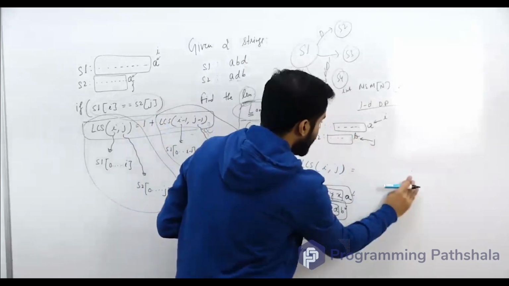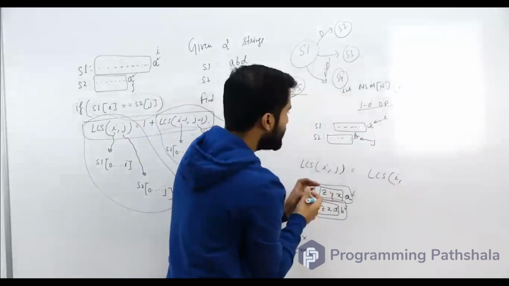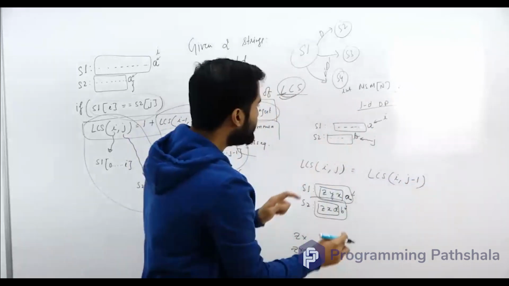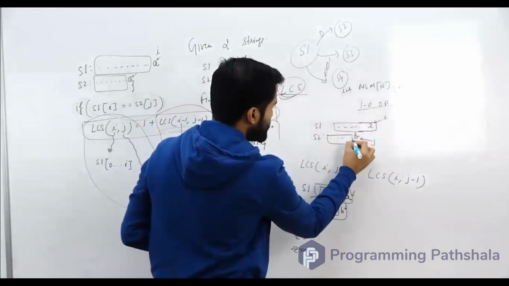So what I'll do is, when I keep my I over here, I'll move my J by 1 unit. So writing this means you are trying to now figure out the LCS of this much part with this much part.